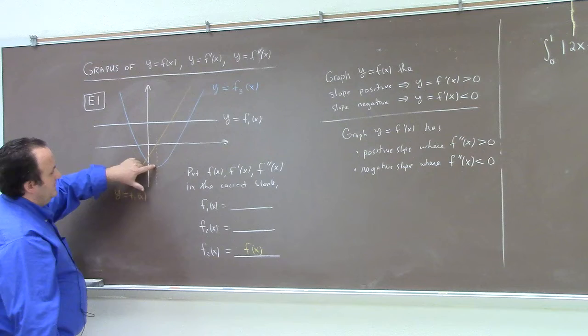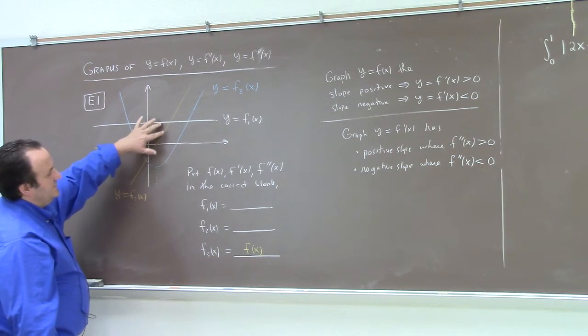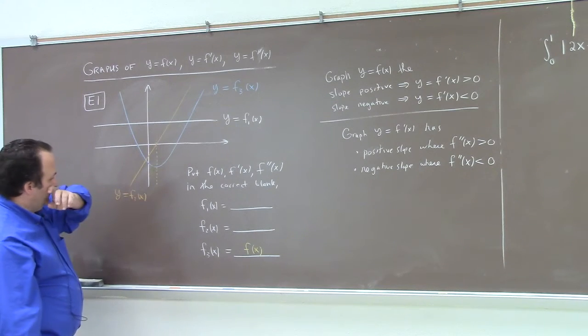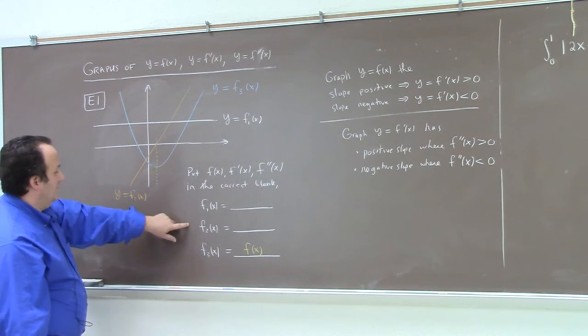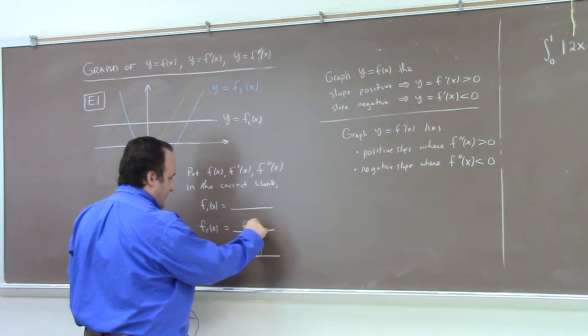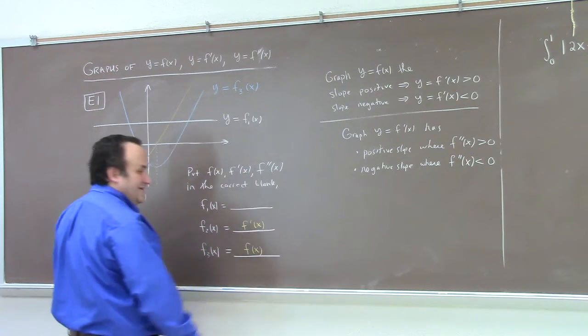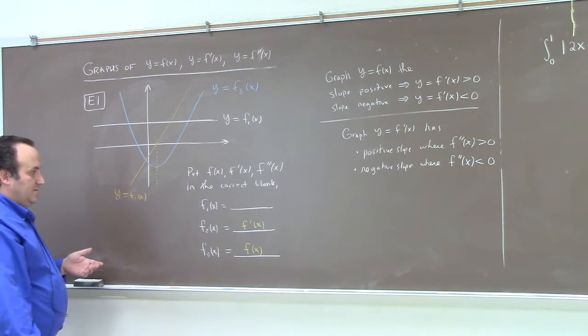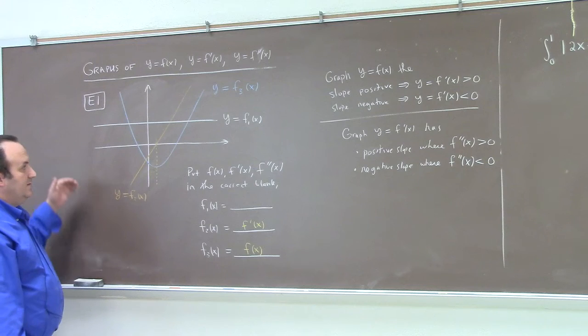And then the orange one is positive where the blue one is increasing. So I would add to your assumption that in fact f2 is f prime of x. Now if we're right so far, you're kind of forced to put the third one, right?